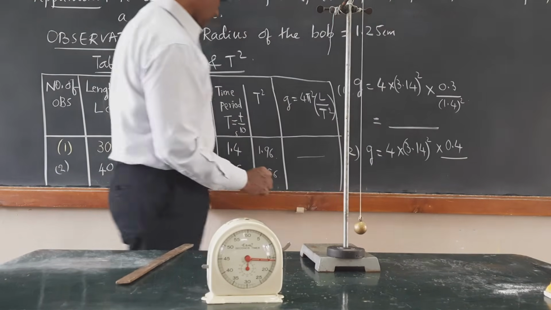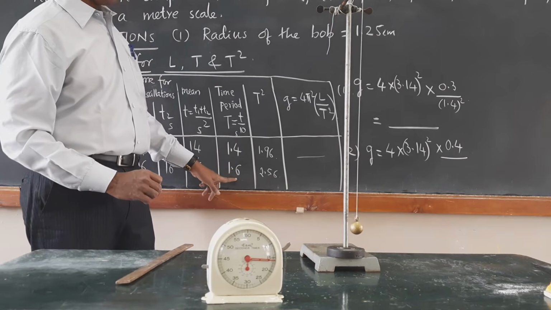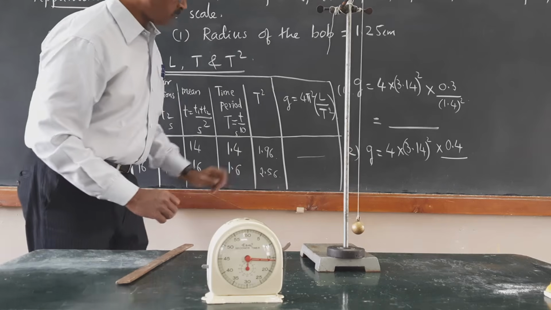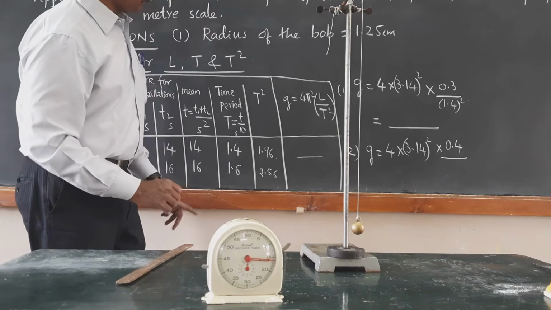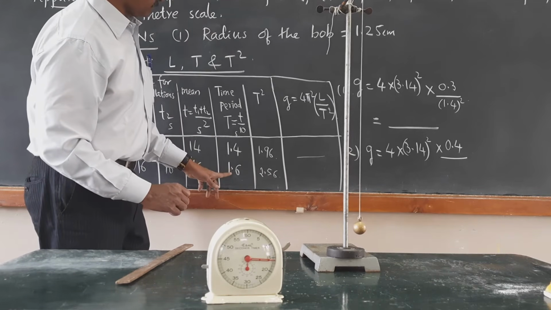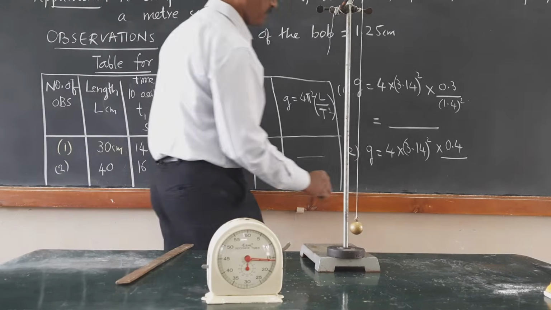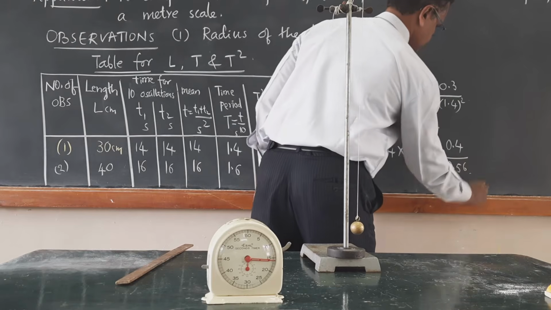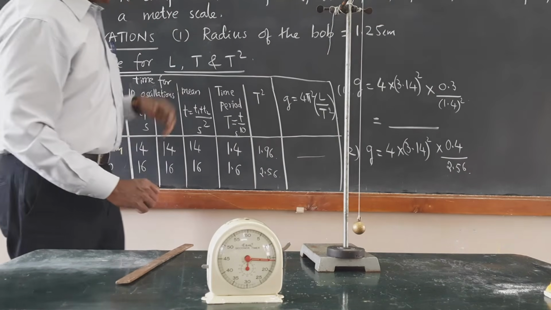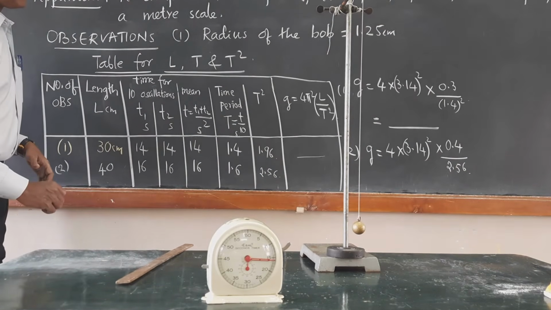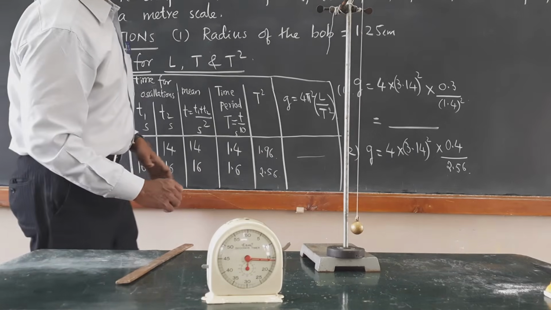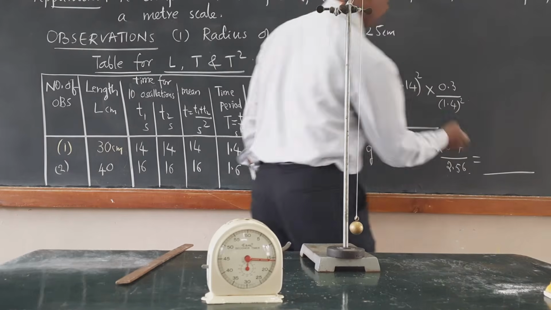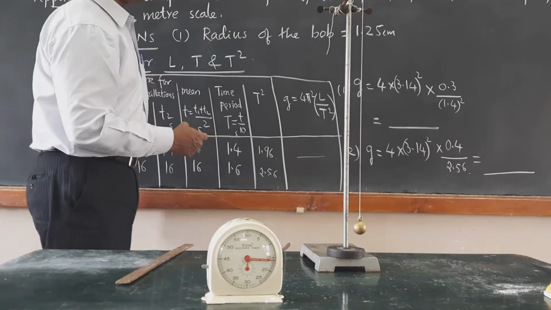T square is 2.56, since the time taken for one oscillation is 1.6. So if you calculate this, you will be able to get the result. You can just verify the values and thus find out the value of acceleration due to gravity.